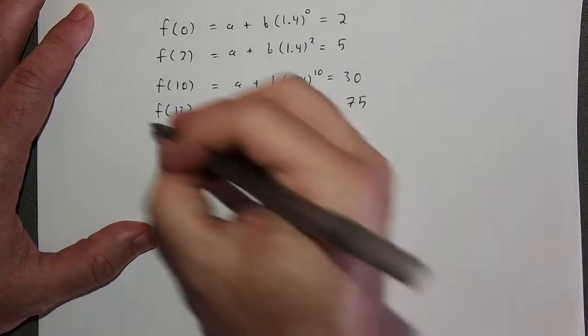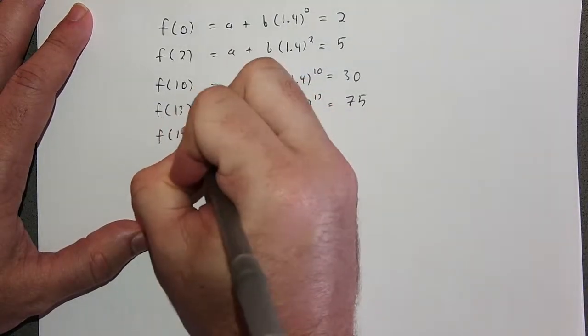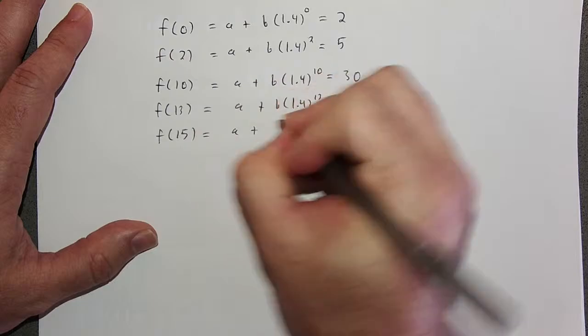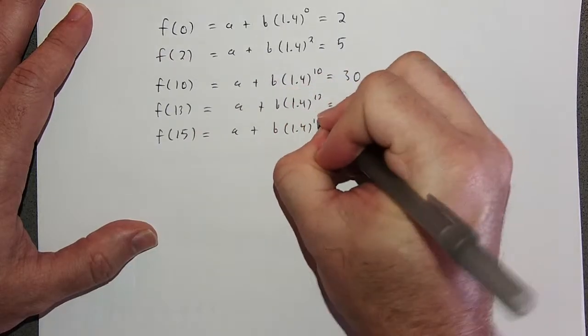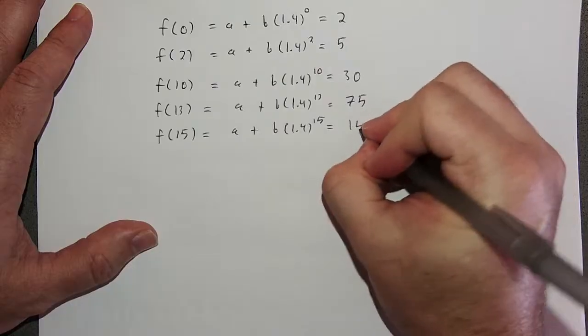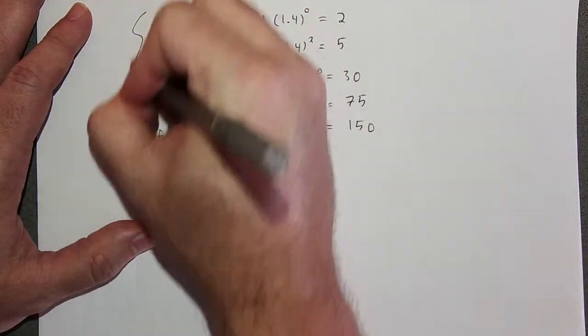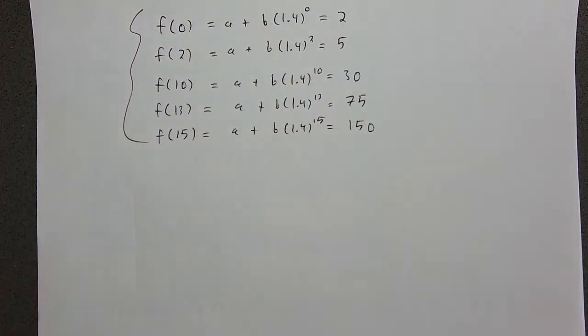And then lastly, f of 15 is a plus b times 1.4 to the 15th, and that is equal to 150. These 5 equations, we'd like them to be satisfied simultaneously. They're not going to have a solution, so then we find the least square solution.